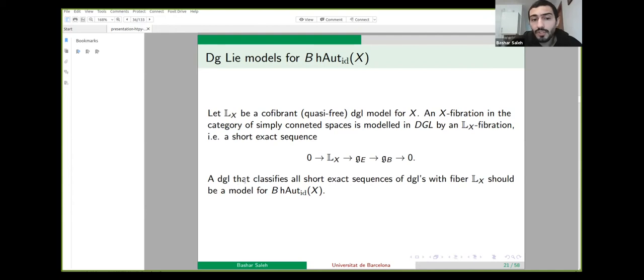So a differential graded Lie algebra that classifies all short exact sequences of differential graded Lie algebras with fiber L_X should in some sense be a model for this thing, because there is a one-to-one correspondence between homotopy types of short exact sequences of this form and X fibrations.